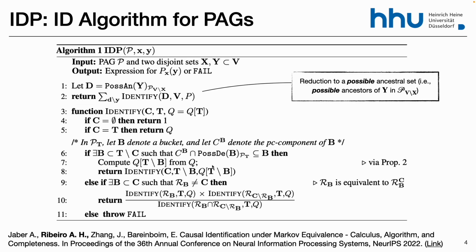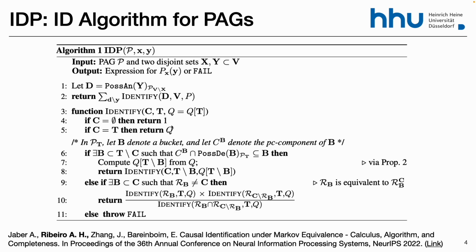Here we had Lemma 10, where we computed the probabilities using these fractions, right? So we have a way to compute the Q of something. In the ID algorithm, we were always able to compute the Q of a C-component from the observational distribution. Here it's something different, so I'm going to explain this part. But in the end, we break down the problem into several small problems and then solve each part recursively.